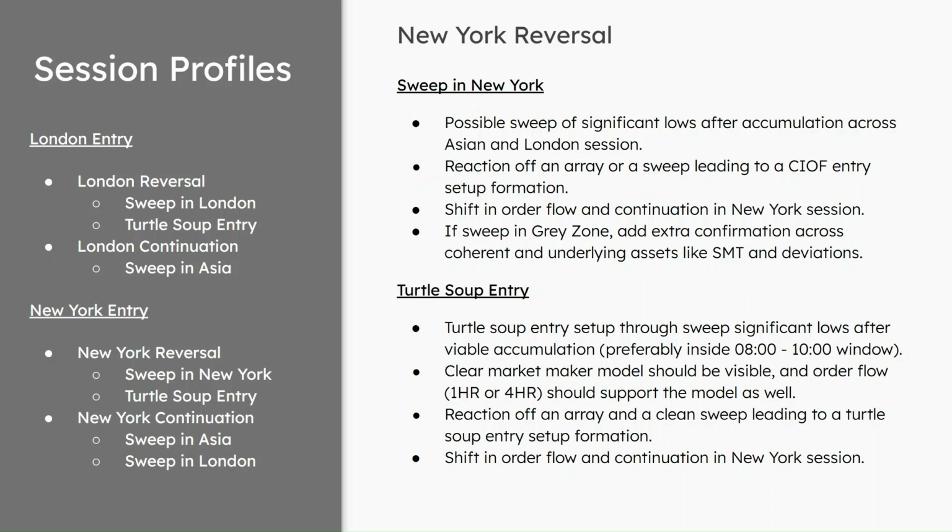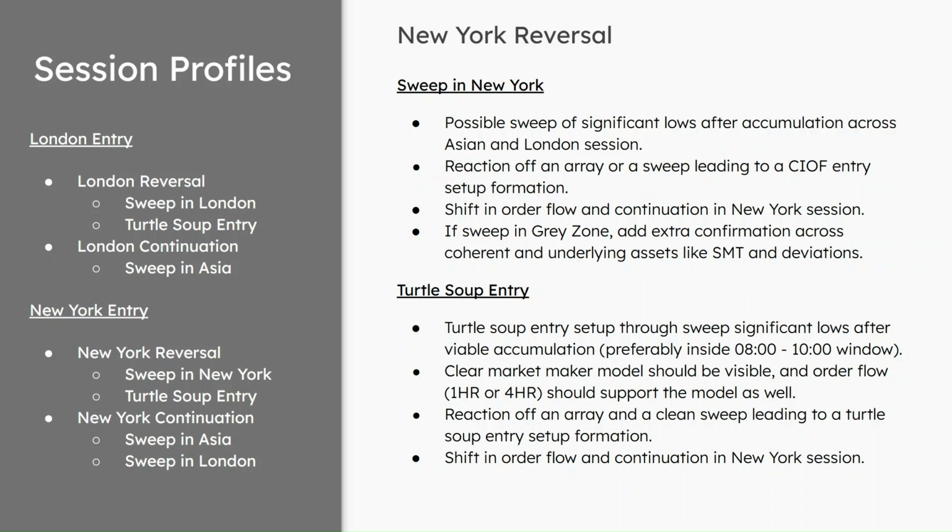The other case for a New York reversal entry would be the turtle soup entry. The turtle soup entry sets up through sweep of significant lows after viable accumulation, preferably inside the 0800 to 1000 EST window.